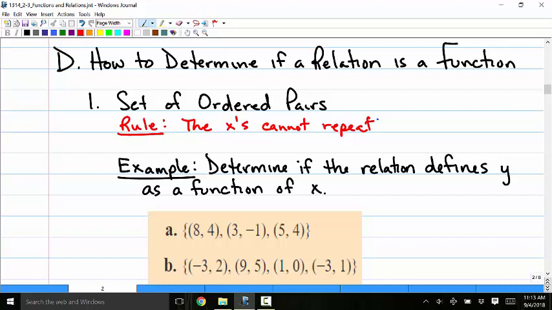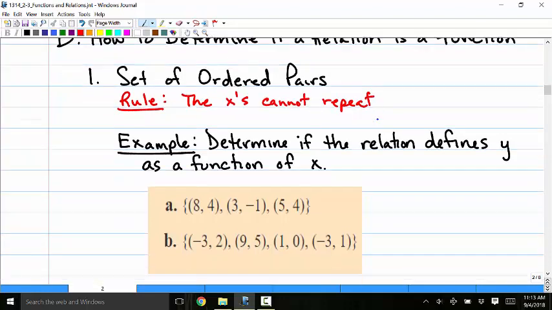Determine if the relation defines y as a function of x. How about A? I have 8, 3, 5. Did the x's repeat? No. So is this a function? Yes. This is a function.